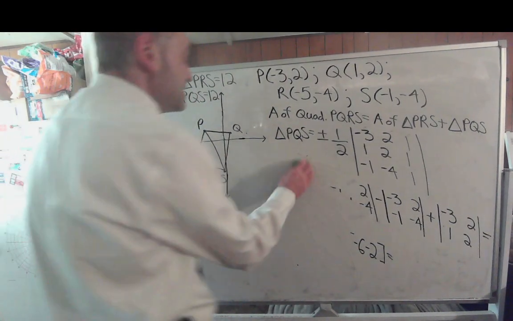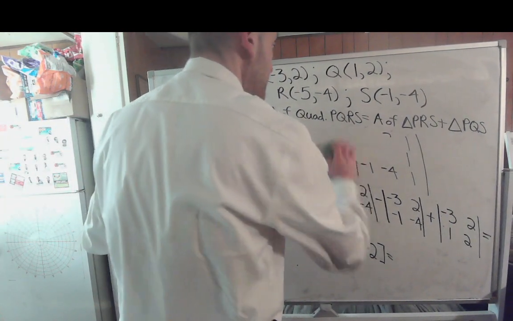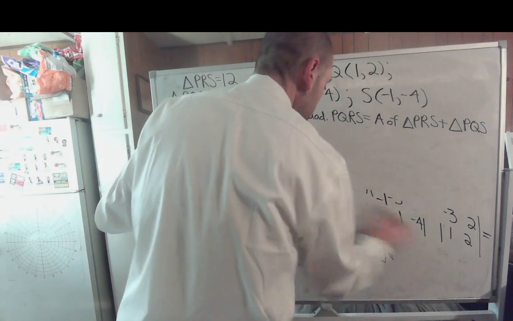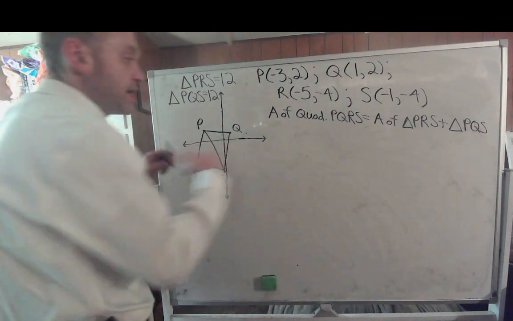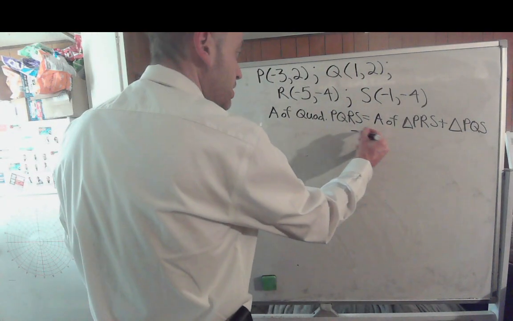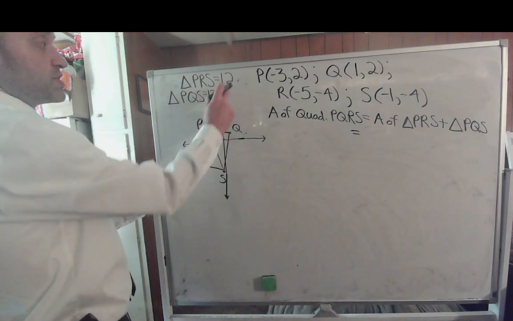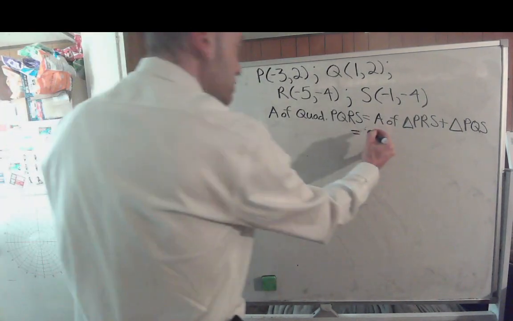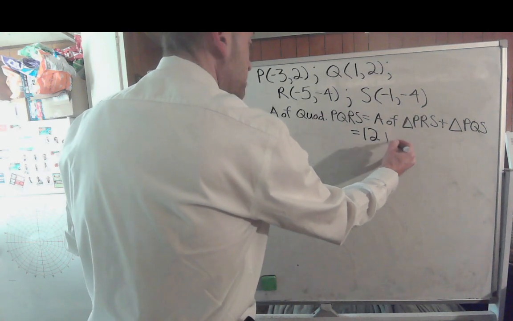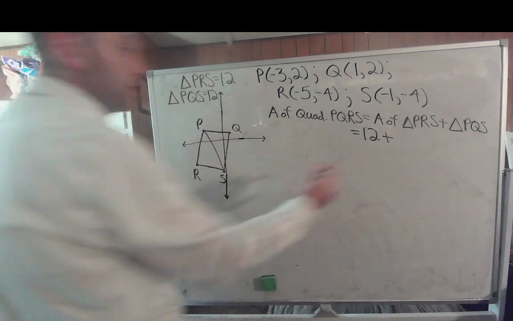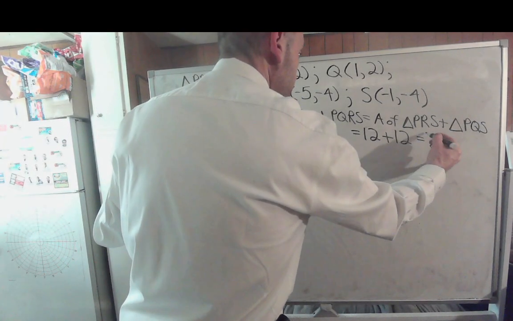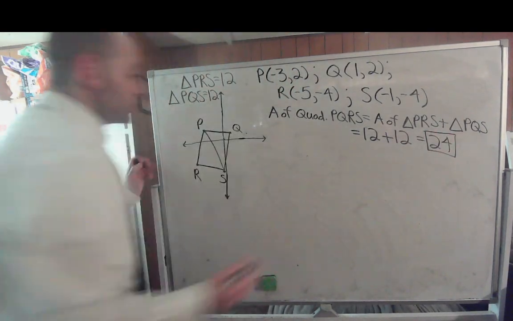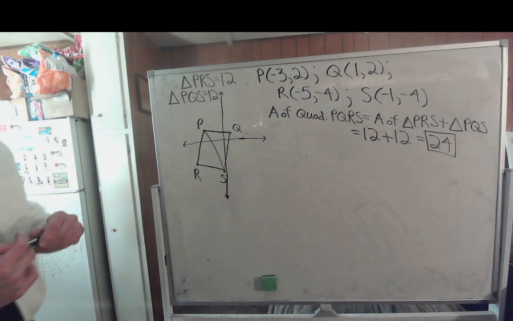Now it's real easy because we know the area of both triangles. The area of quadrilateral PQRS equals the area of triangle PRS, which is 12, plus the area of triangle PQS, which is also 12, giving you an area for this quadrilateral of 24 square units.